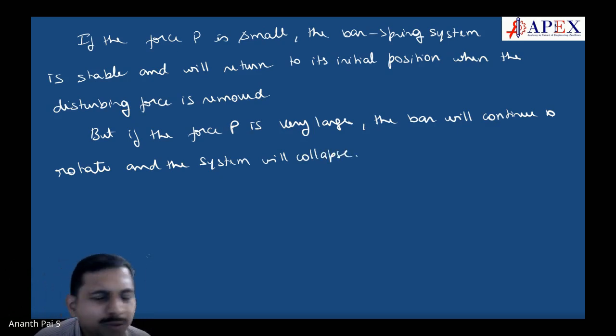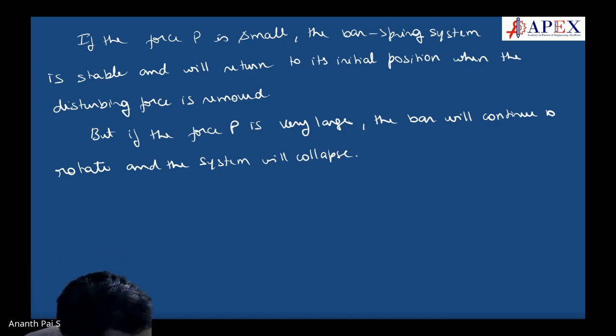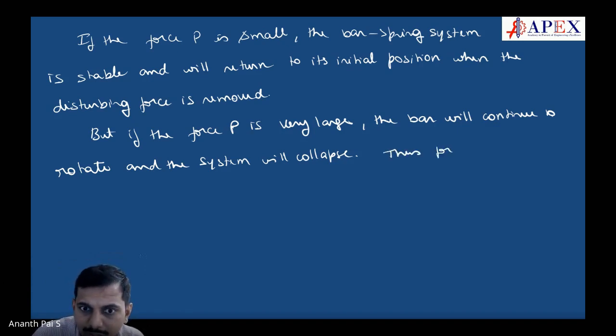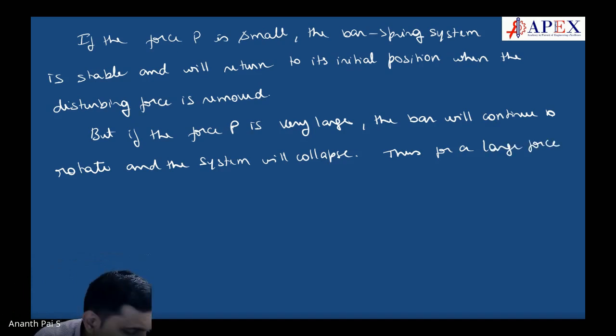Now, what do you mean by collapse? The spring may be cut, or the bar may break. Something may happen. So the system will collapse. Thus, for a large force, the system is unstable.